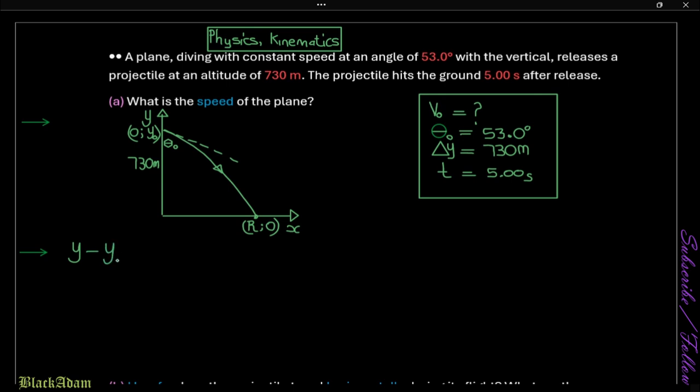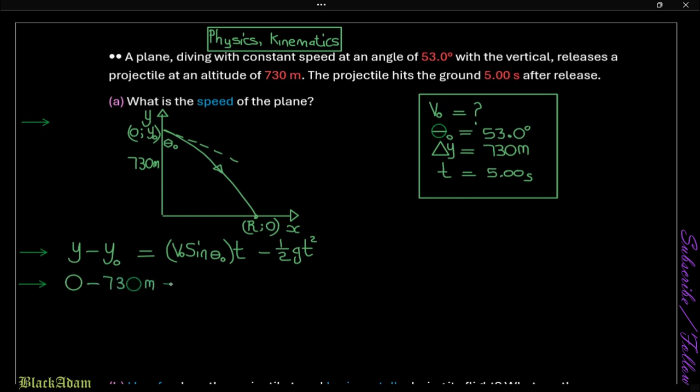We know that final height minus initial height is going to be initial speed times sine theta, all of that multiplied by time, minus half g t squared. That's the equation of motion. Our final height is 0, and our initial height was 730.